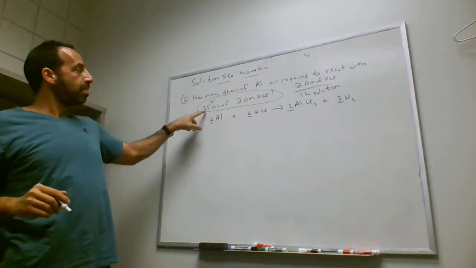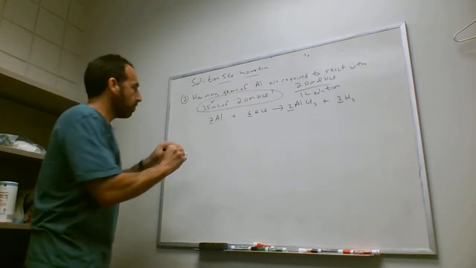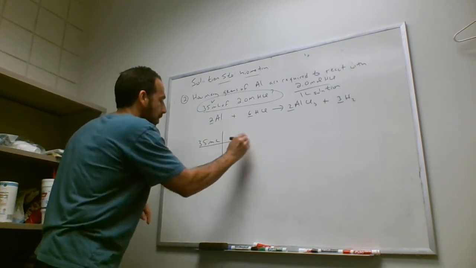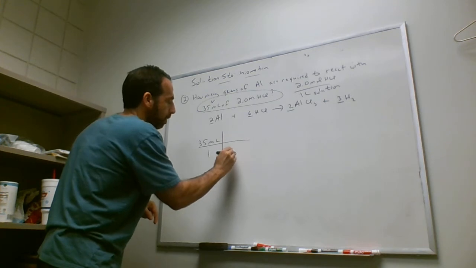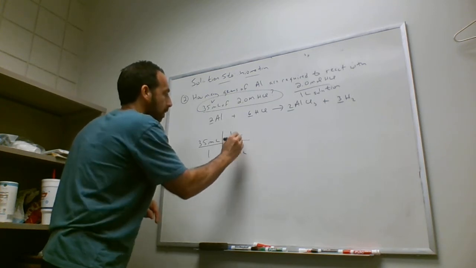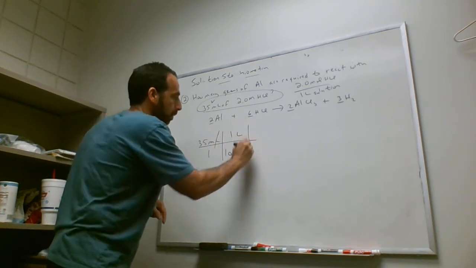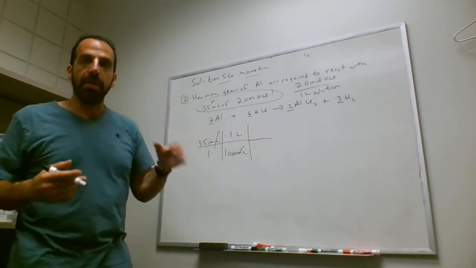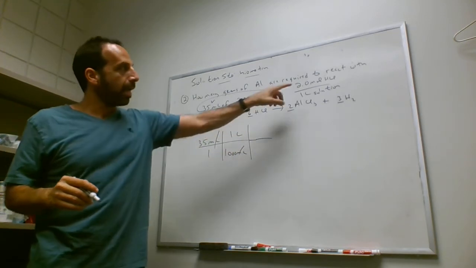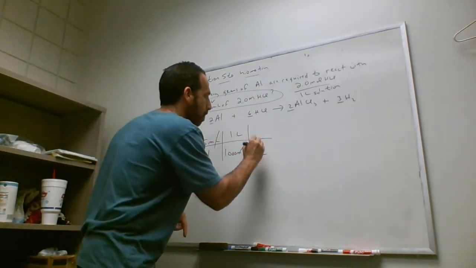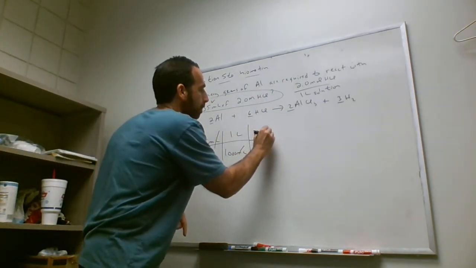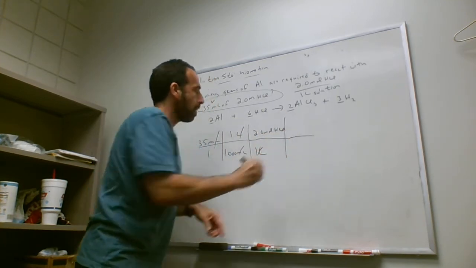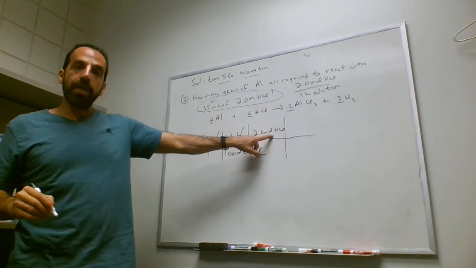So again, it's divided by 1,000. You can move the decimal over 3 places to the left, same thing. Now once I got that, I can multiply by this, 2.0 moles per 1 liter. So now I got my moles of hydrochloric acid.